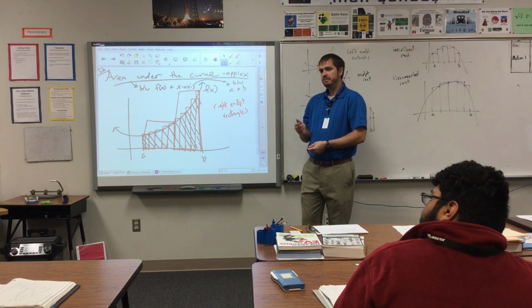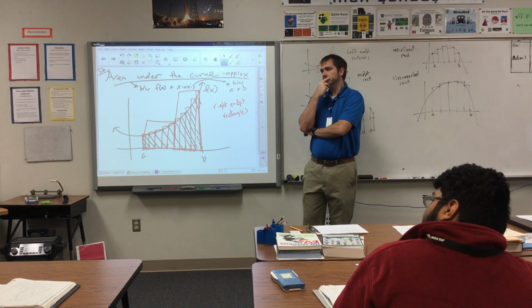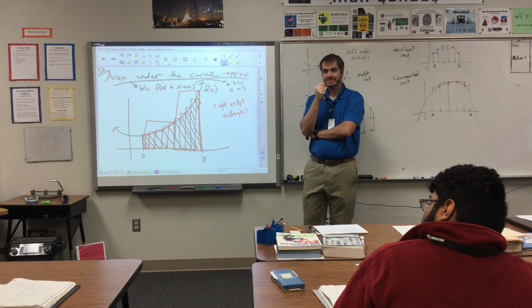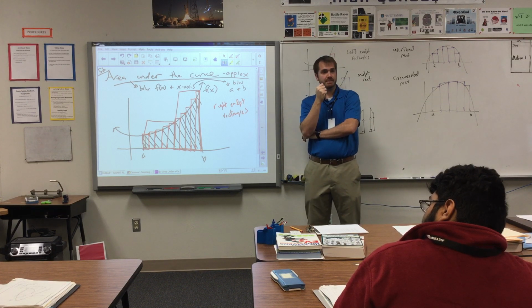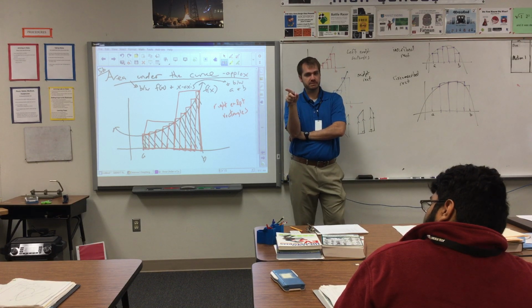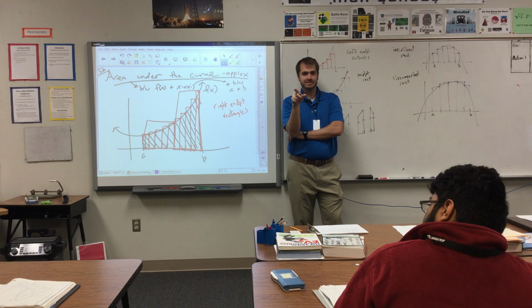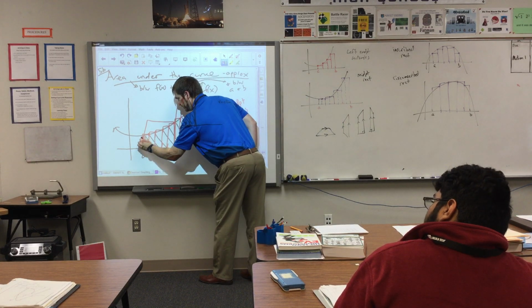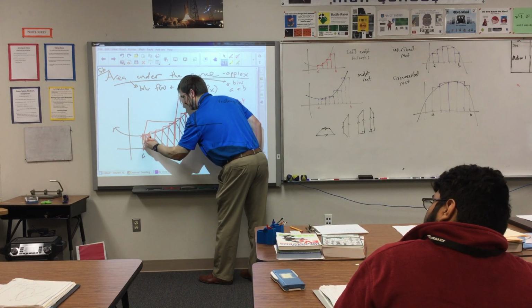That makes me wonder, what if I was willing to do a little bit of extra work and made it into 20 rectangles? Yeah, that'd be better, right? What about 100 rectangles? Holy cow. A lot of extra work, right? But it's worth it, and more accurate, because those rectangles would be even smaller than this.